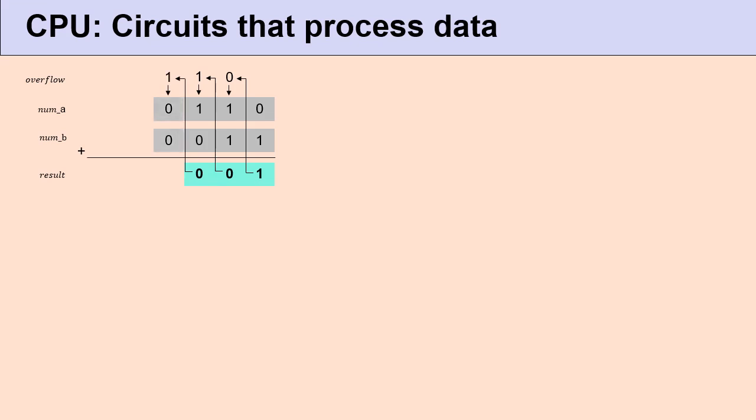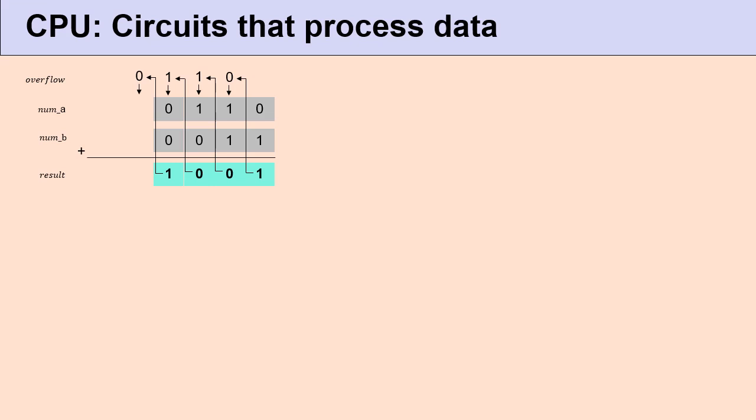But with the overflow from the previous stage, now I have a result of 1 and without any overflow to any subsequent stage. So the result of my addition, which includes two 4-bit numbers, the first number is 0110, the second number is 0011, and the sum is 1001 with no overflow to the next stage.